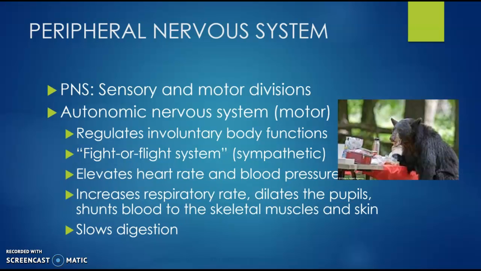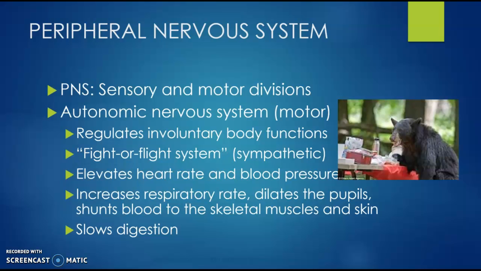So your book gives a good outline of the peripheral nervous system and how it has sensory and motor divisions. Part of the motor division contains the autonomic nervous system, realizing that it regulates involuntary body functions.